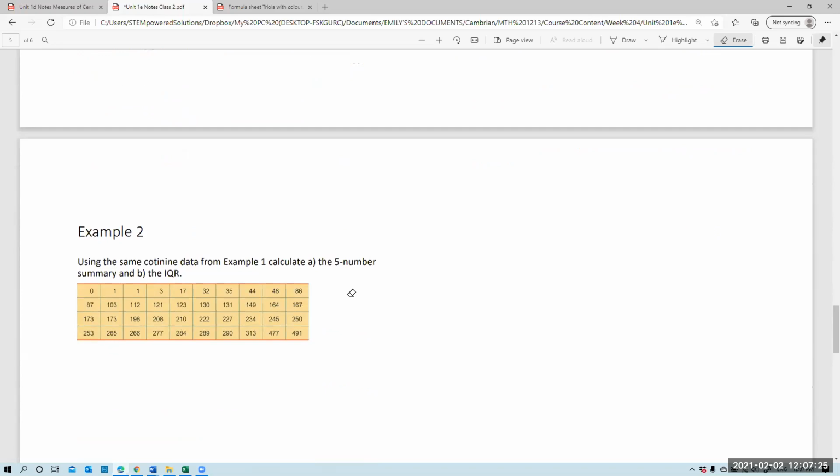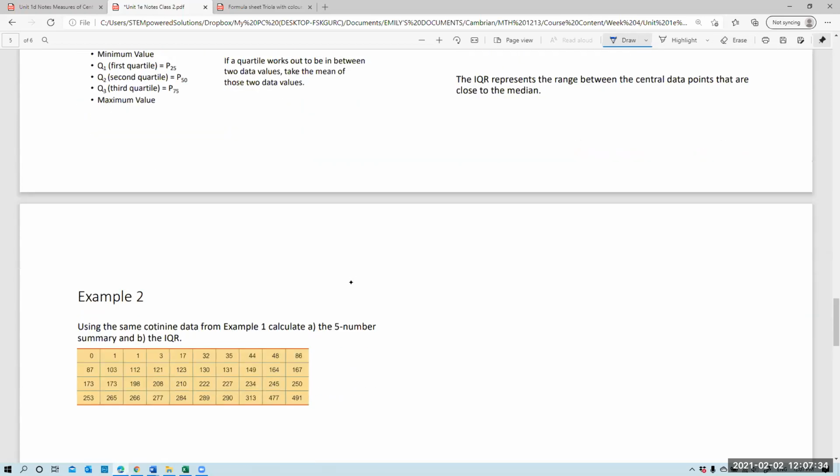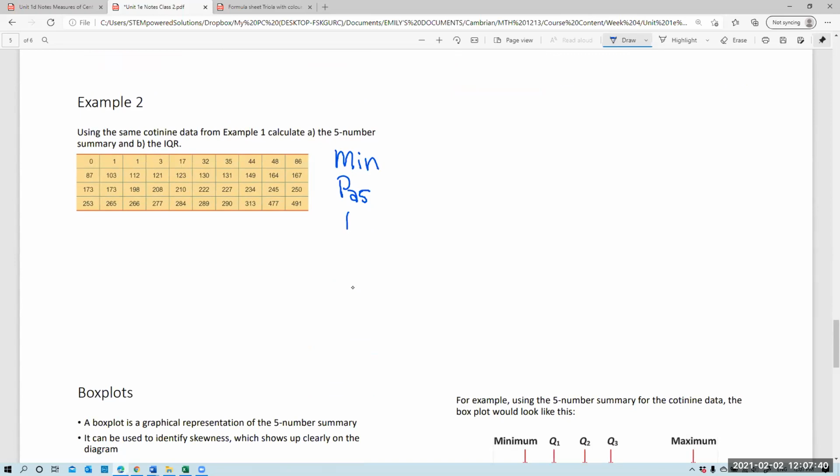First and foremost, the 5-number summary means that we need to calculate the minimum value, P25, P50, P75, and the maximum value. The minimum value is equal to 0. The maximum value is equal to 491.